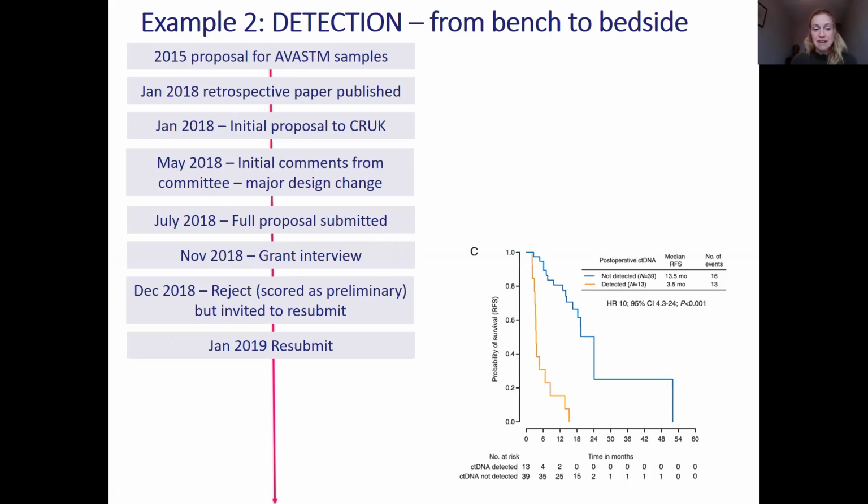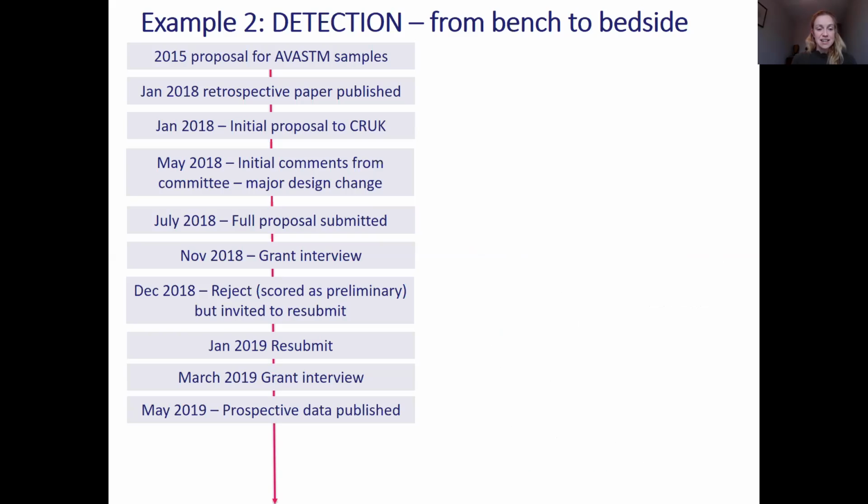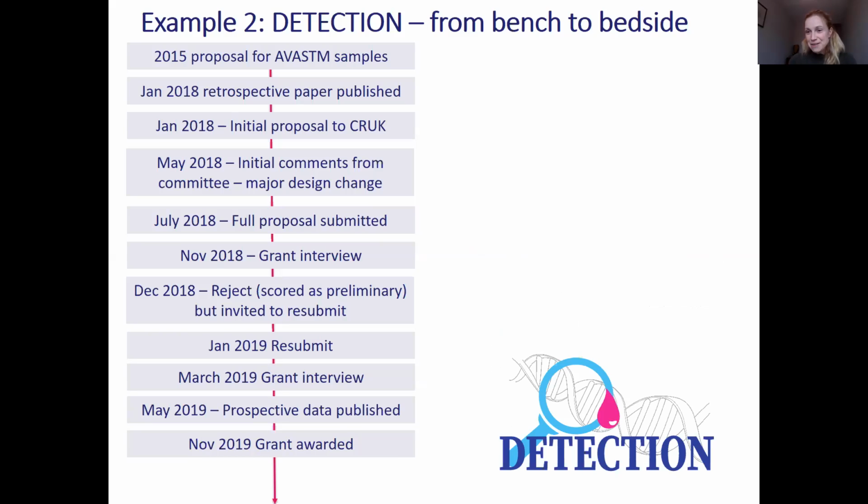So we resubmitted it with new data that we'd got in the meantime, looking prospectively at this question, had the grant interview again, and then published that data. Finally it was awarded, and in January 2021 we're hopefully going to open.